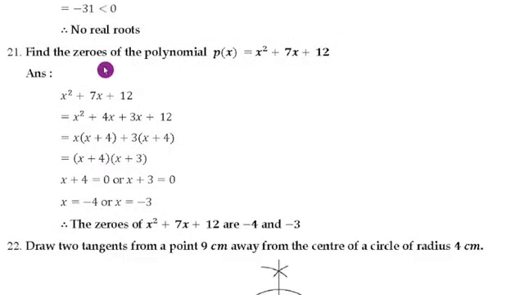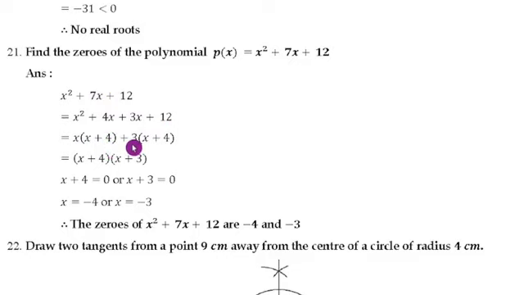21st question, find the zeros of the polynomial p of x is equal to x square plus 7x plus 12. How do we have to find the zeros of the polynomial? Take the equation, and we have to calculate with the factorization method. So the product should be 12 and the sum should be 7. So x square plus 4x plus 3x plus 12. x is common, so the remaining is x plus 4.